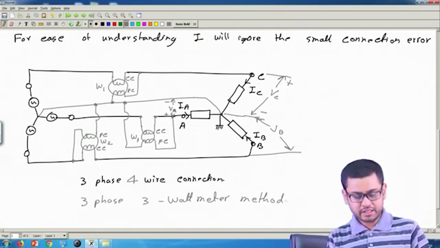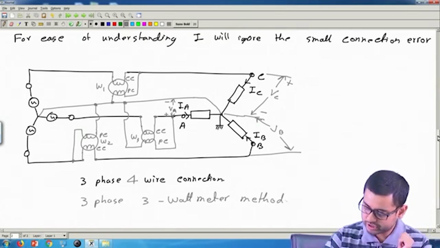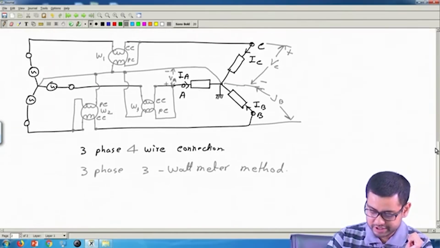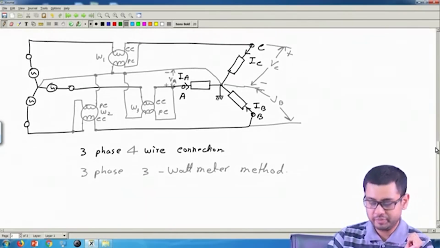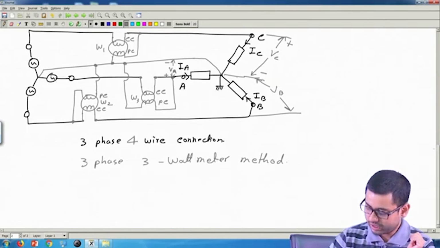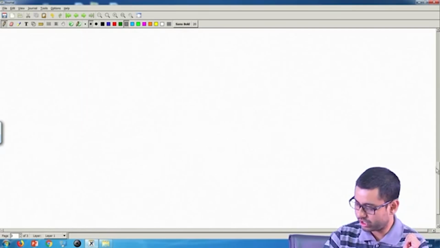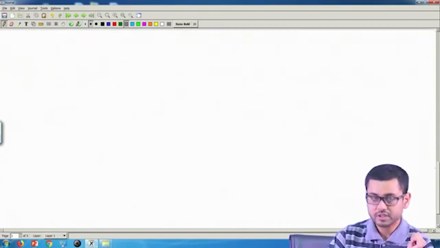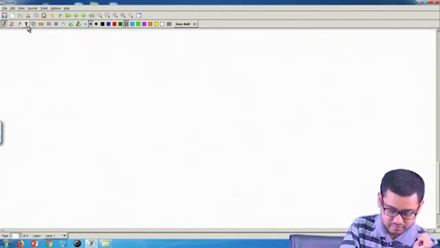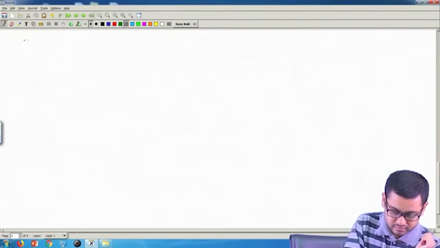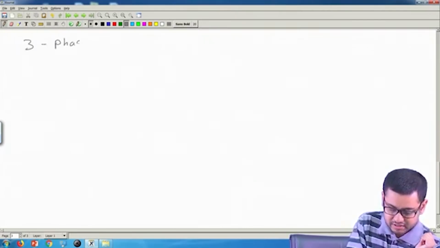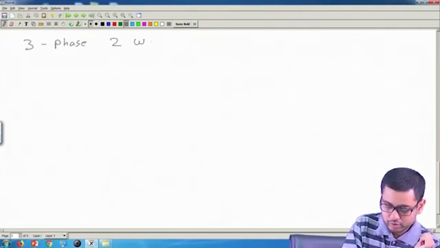Okay. Now there is another method which is called 3 phase 2 wattmeter method. Okay. Now let's see another method which we will call 3 phase 2 wattmeter method.